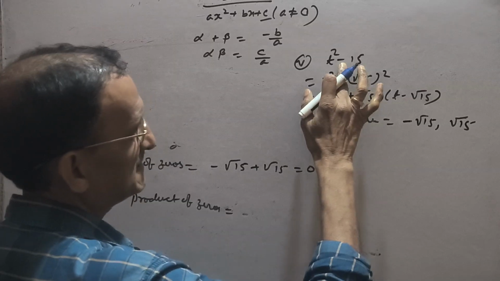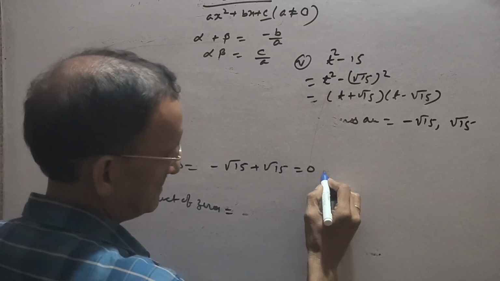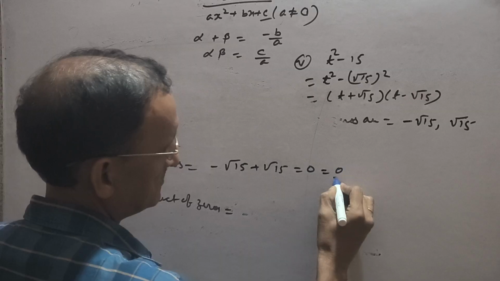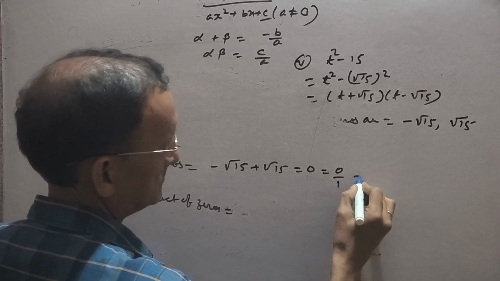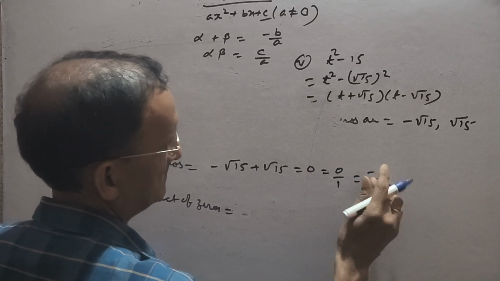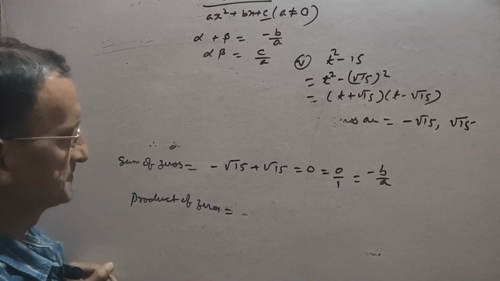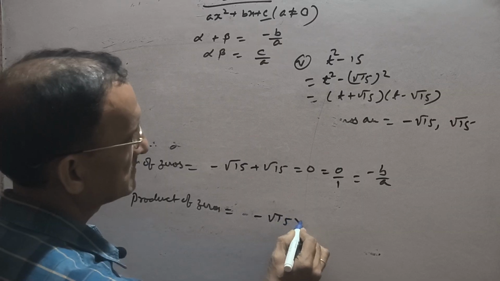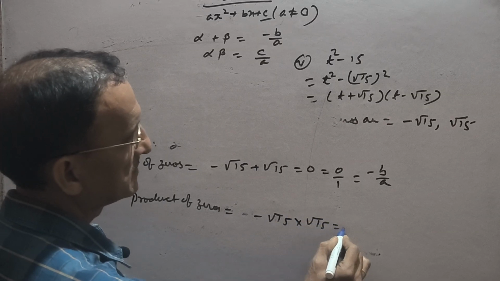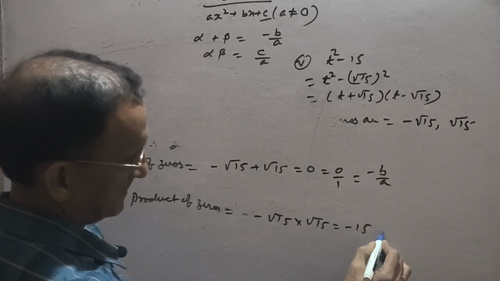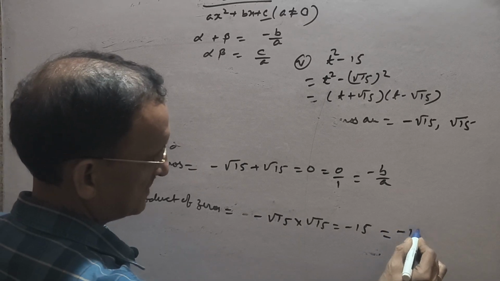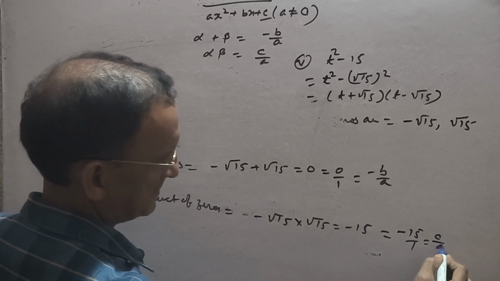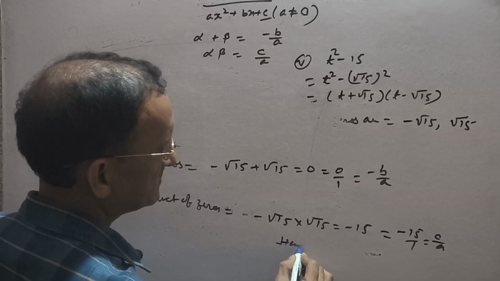The coefficient of t is 0, so you can write 0 by 1, and that is minus b by a, because b is 0 here. Then the product of zeros is minus root 15 into root 15. This is minus 15, which can be minus 15 by 1, that is c by a. So this is hence verified.